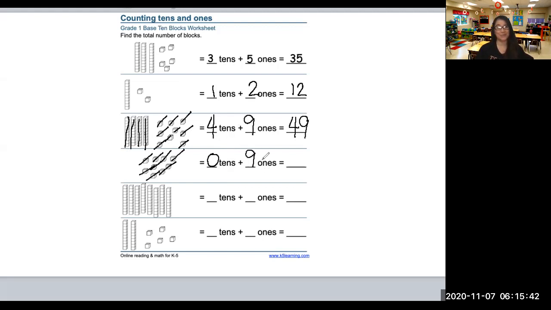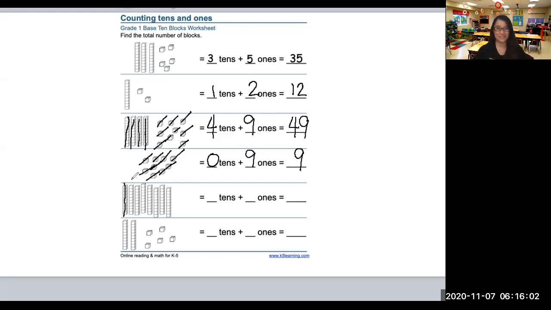There are 9 ones. We have 0 groups of tens and 9 ones put together. We only have the number 9. Wonderful job, everybody. How about the next one? Let's count those groups of 10. Are you ready?